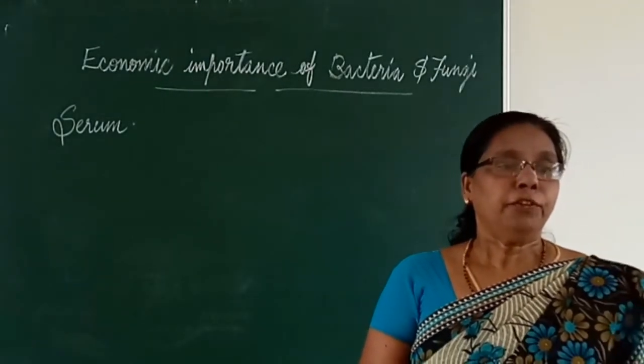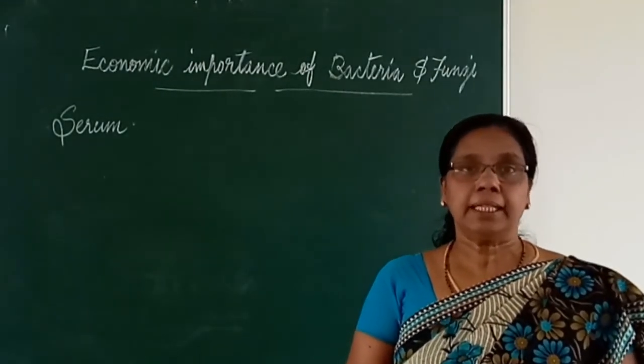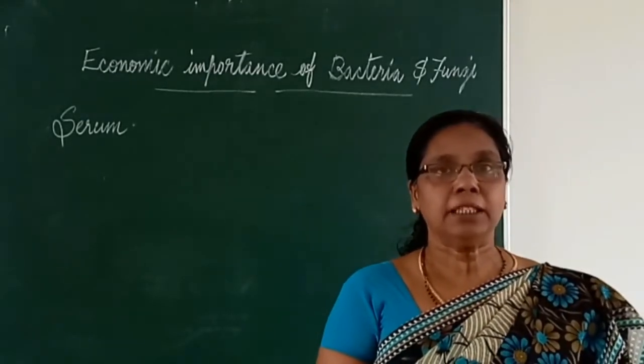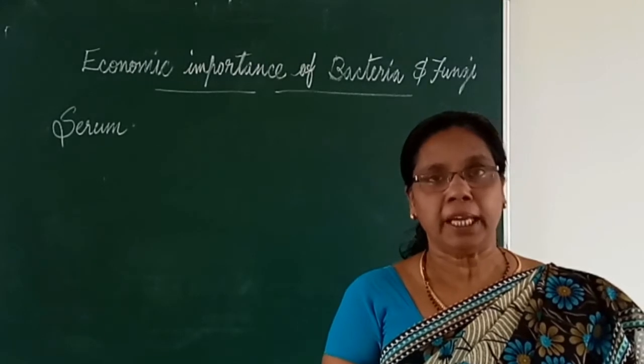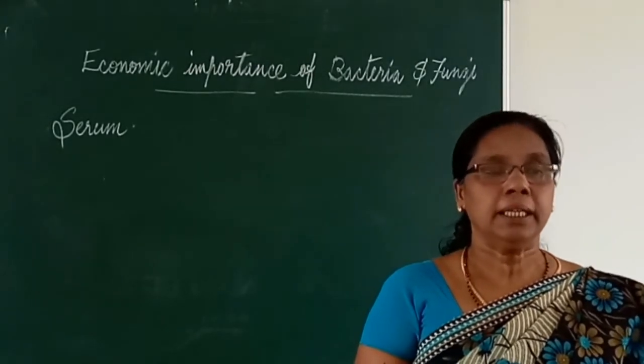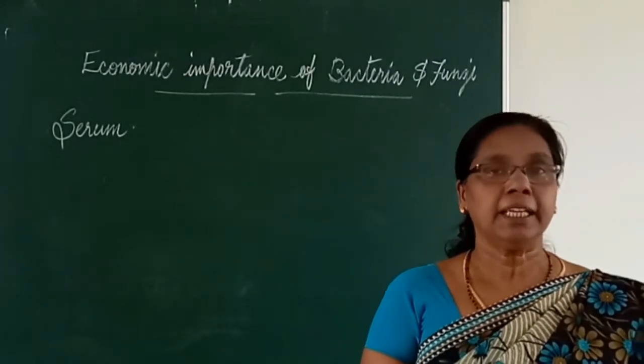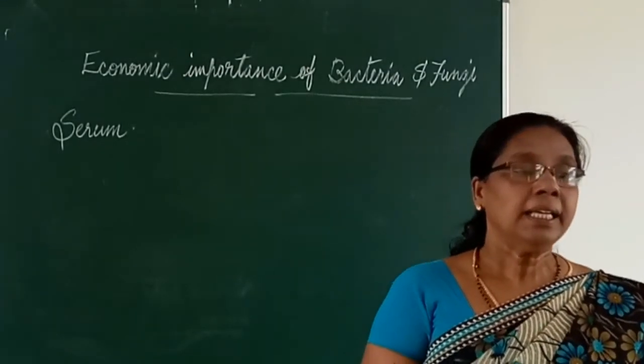A few serum compounds are also used: blood clotting factor 8 for hemophilia type A, and blood clotting factor for hemophilia type B. So in both cases we are using this serum.